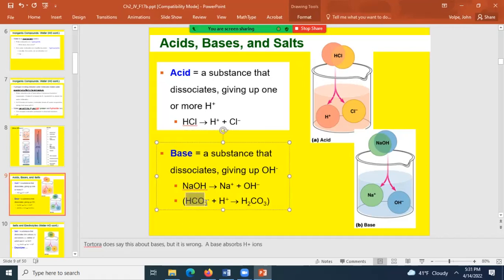Like you put sodium bicarbonate in water, it will absorb the H pluses and then make the solution more basic, as the H plus joins the bicarbonate. Any question about any of that? All right. So your textbook is a little wrong on what a base is.